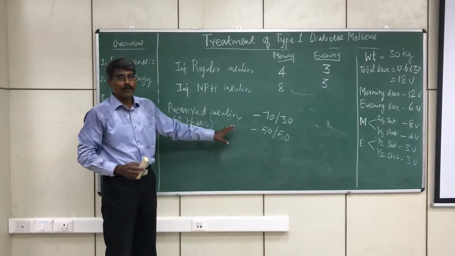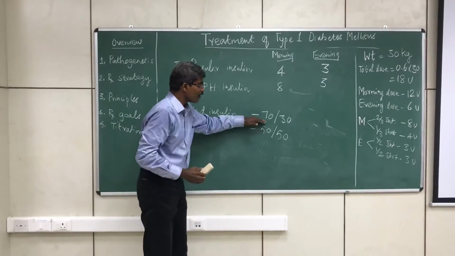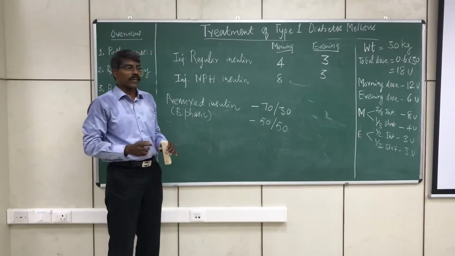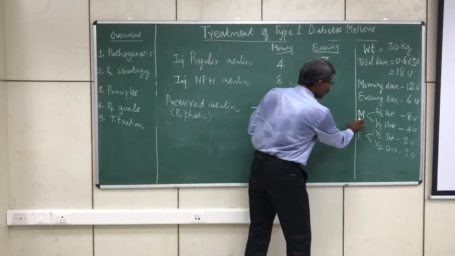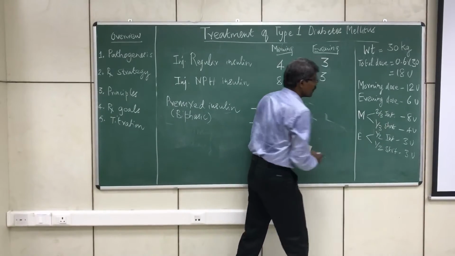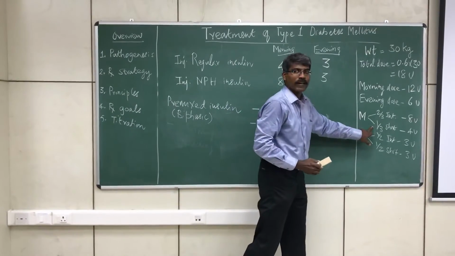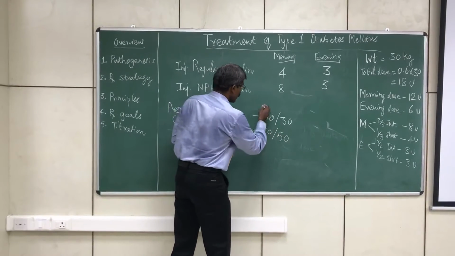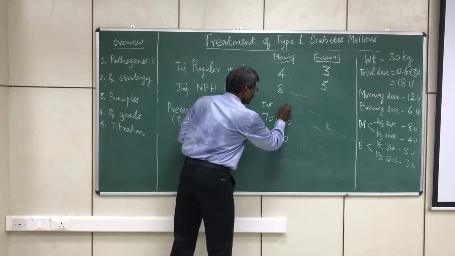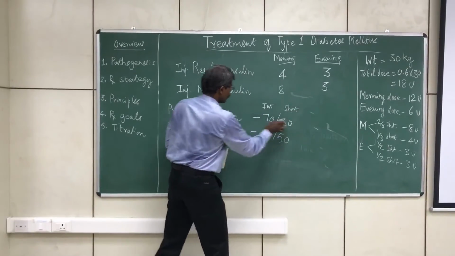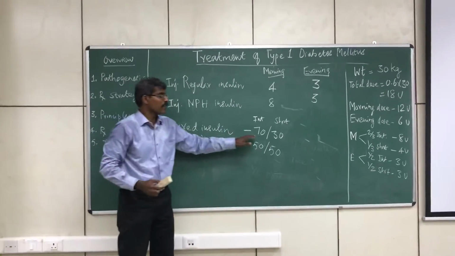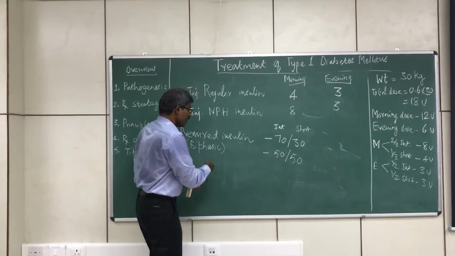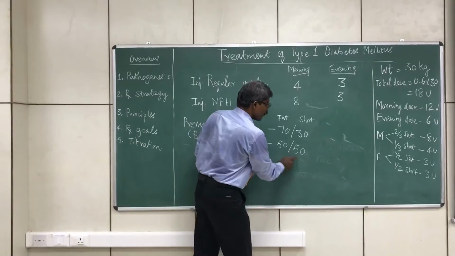Now if you ask why they are available in this 70-30 and 50-50 ratio, the rationale is very much linked to this. If you look at the morning dose, 2/3 is intermediate acting and 1/3 is short acting, isn't it? That's why this ratio of 70-30 of intermediate acting and short acting is available. So this pre-mixed insulin of 70-30 is used for the morning dose, and we have another pre-mixed insulin of 50-50.